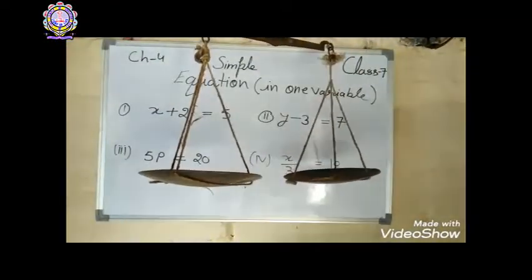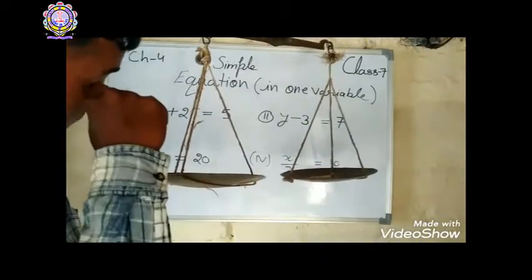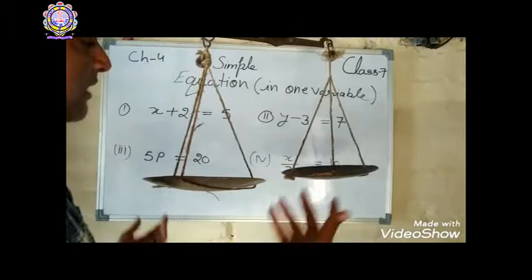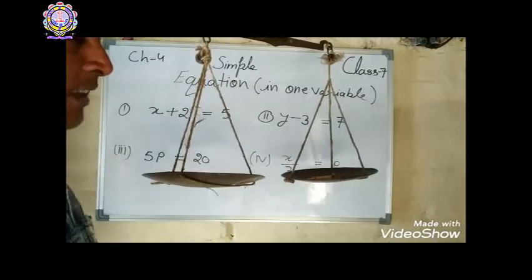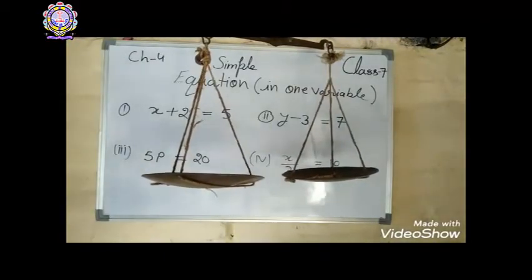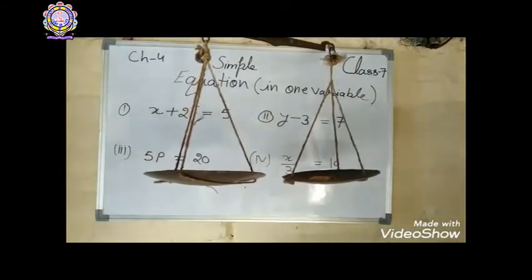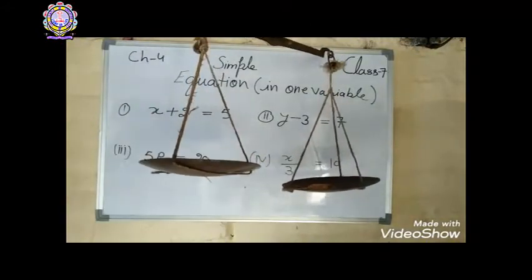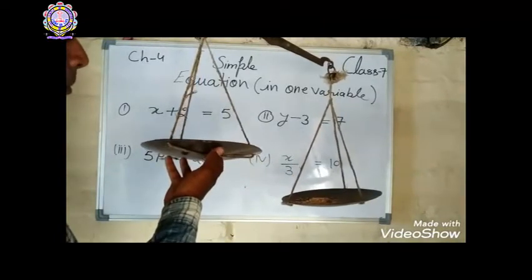Okay. When we want to balance it, I hope you are watching, that is balanced. Yes, it is balanced. So now we pour some more grains. So what are you observing? You are observing that one pan is down, another is up.